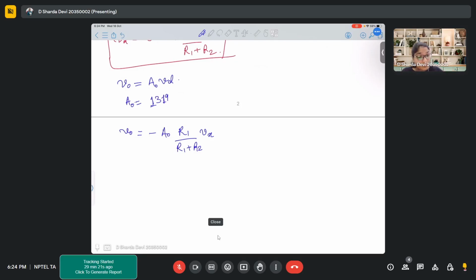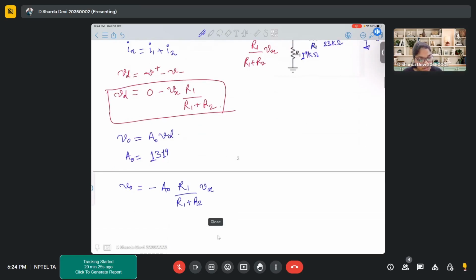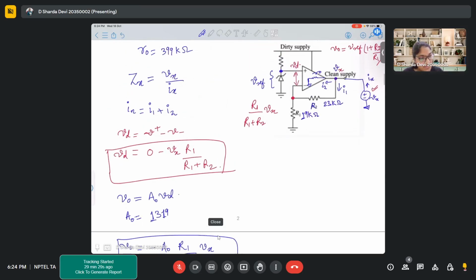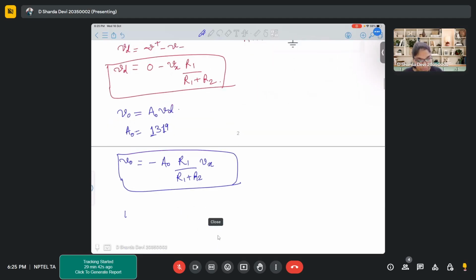Now, if we see, this V naught is actually the potential which is appearing at this node due to this op amp, like at this particular node. And there is a R naught. So the current I2 is actually V naught upon R naught, correct? So V naught we already know.